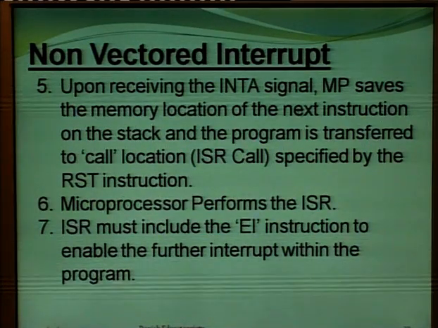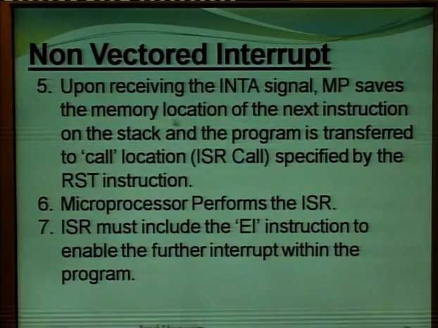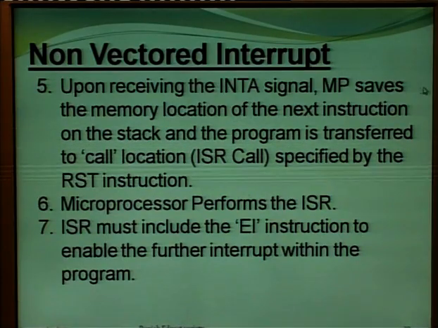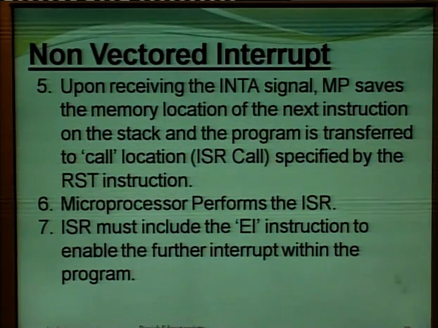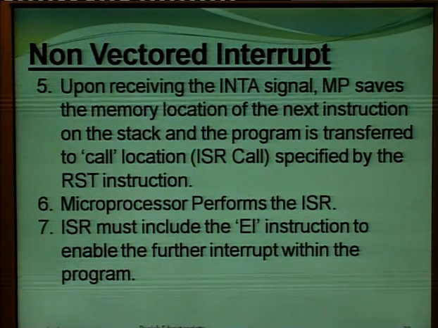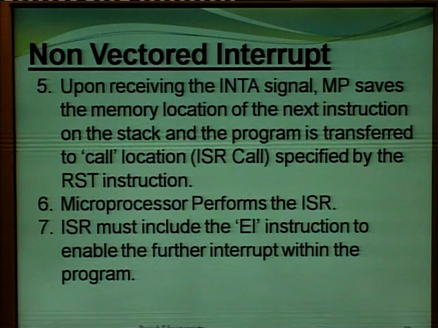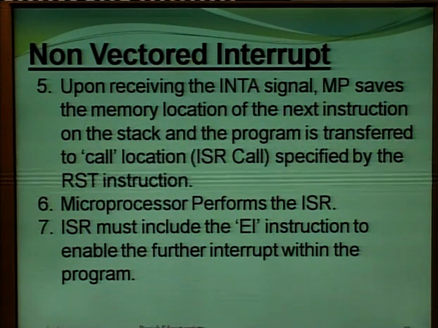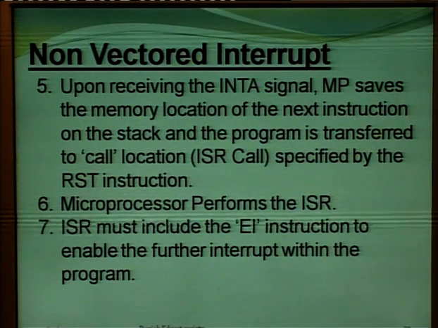Upon receiving the INTA signal, the microprocessor saves the memory location of the next instruction on the stack and the program is transferred to a particular call location specified by the RST instruction, which is supplied by the external device to the microprocessor.